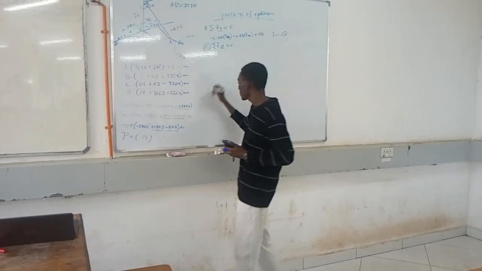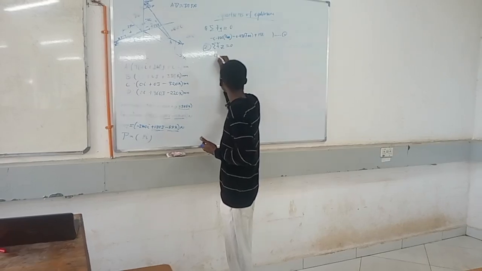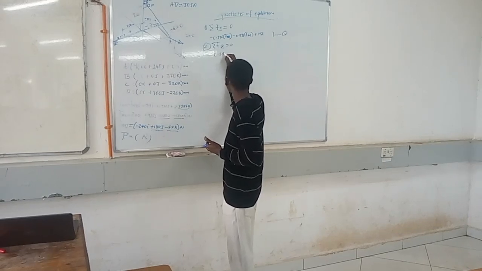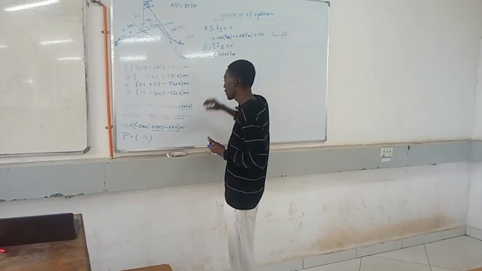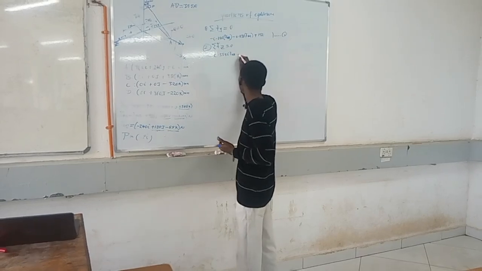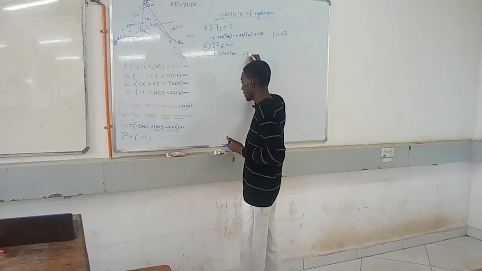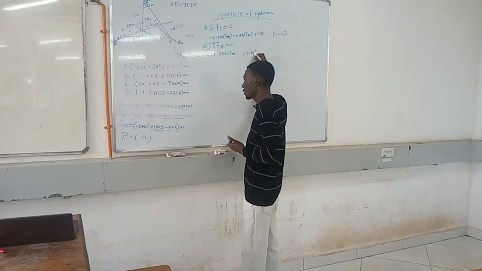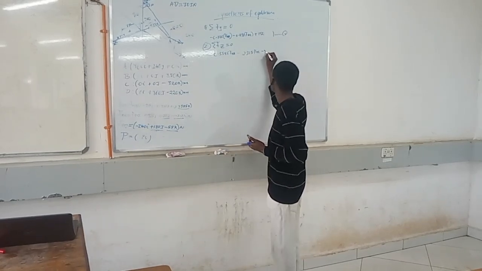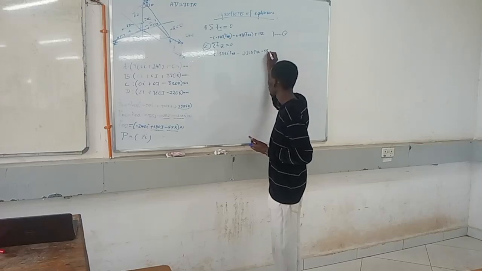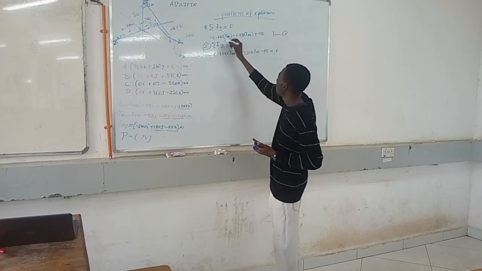So it's going to be 0.3585 force AB minus 0.3080 force AC, and this force is going to be negative 55, which is equal to 0.